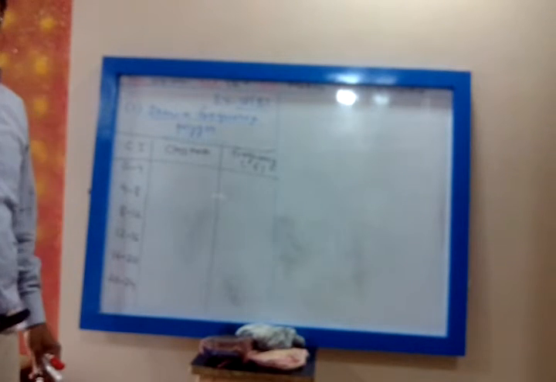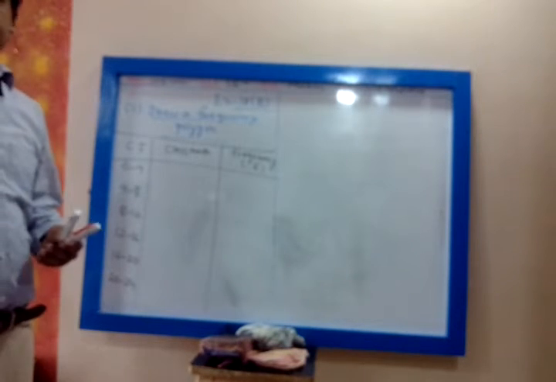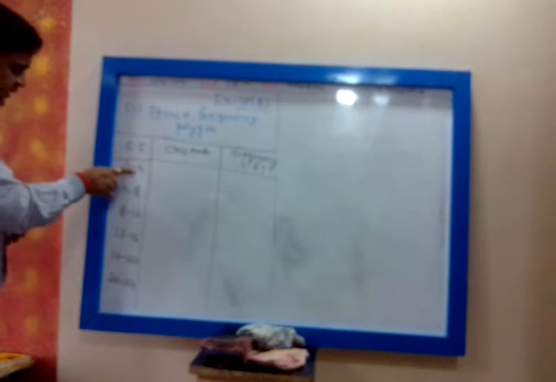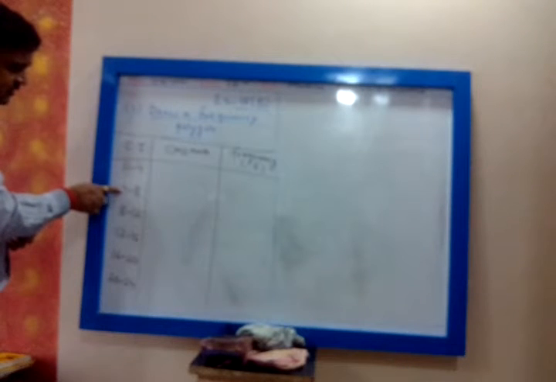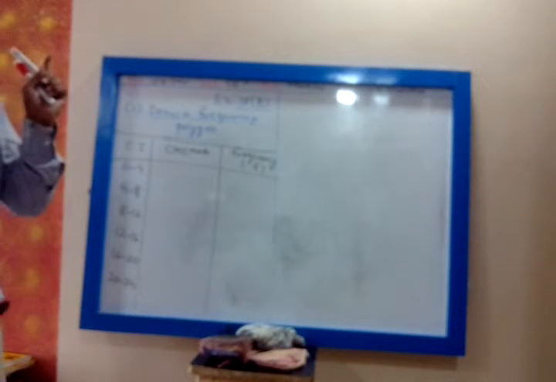Now you tell me whether they are continuous. See here, the upper limit of one class interval is the same as the lower limit of the next class interval. So the class intervals are continuous.